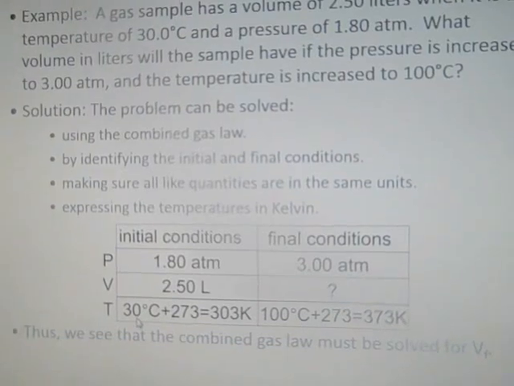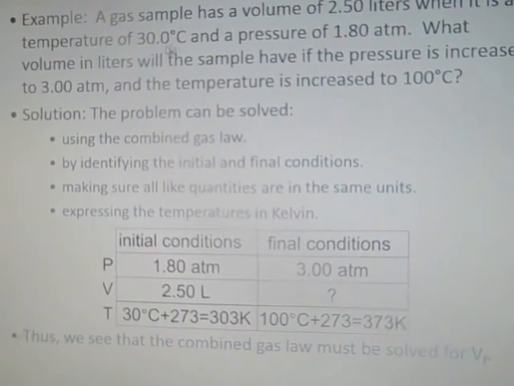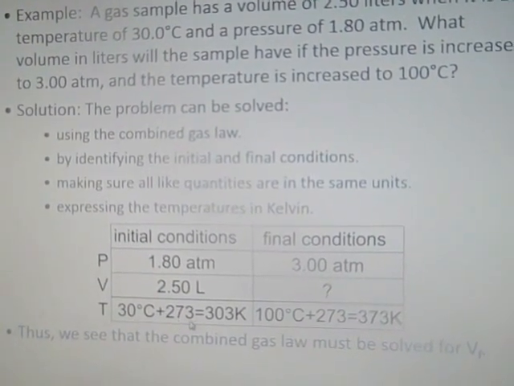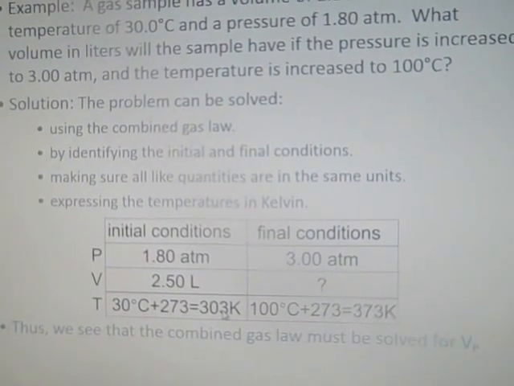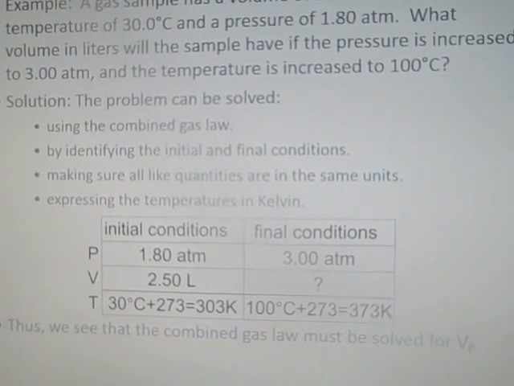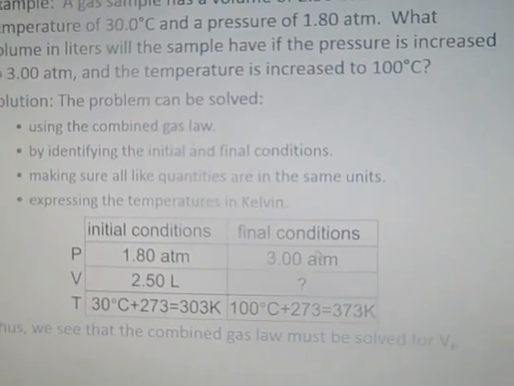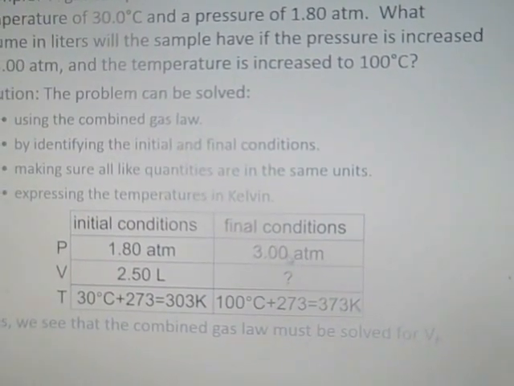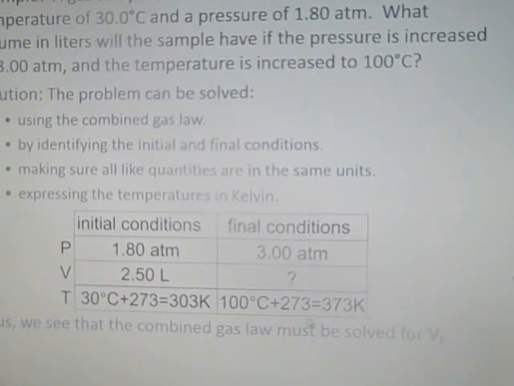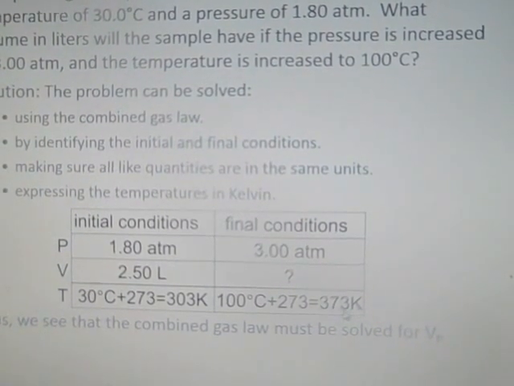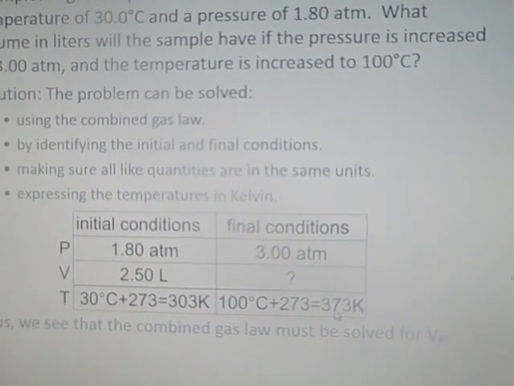Now notice what we've done here. We can't use Celsius. We have to convert this to Kelvin, because Kelvin is the absolute scale, where 0 signifies 0 kinetic energy, and on up. And right here we have the final conditions. We have a pressure of 3 atmospheres, and the temperature is 373 Kelvin, like that.